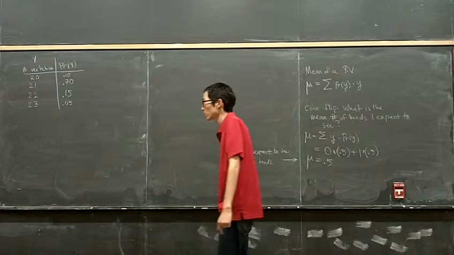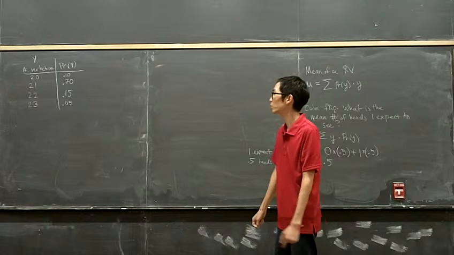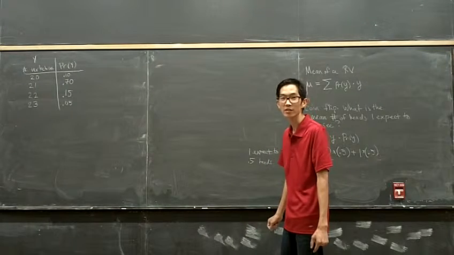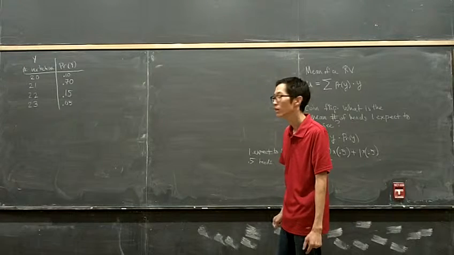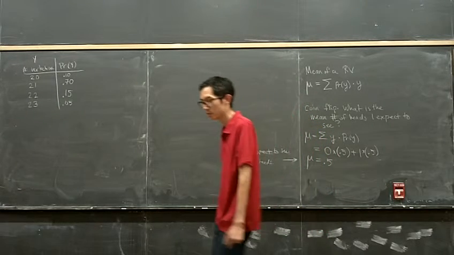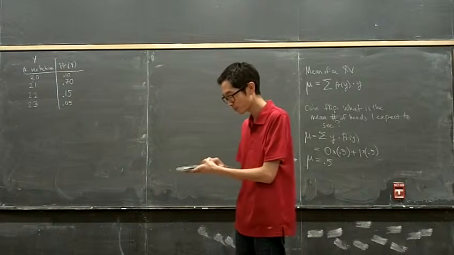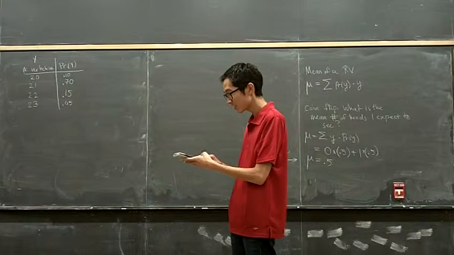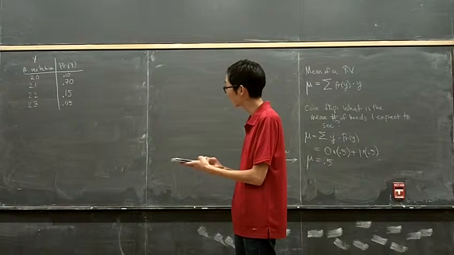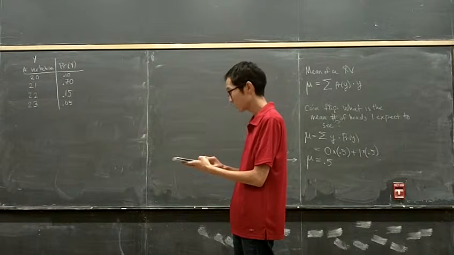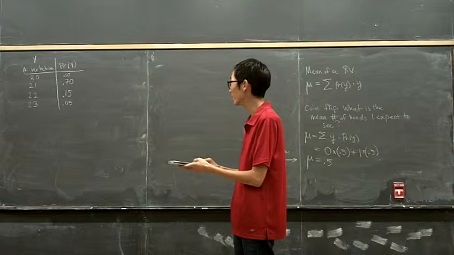Alright, so what is the average number of vertebrae that a fish has? Let me just make sure of these numbers before I go on.